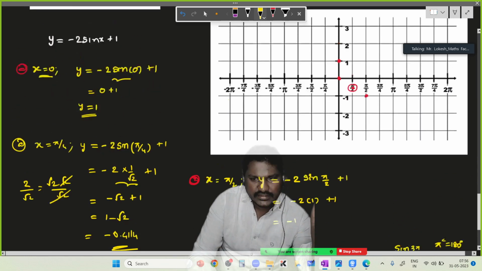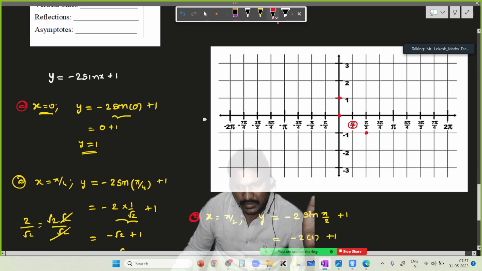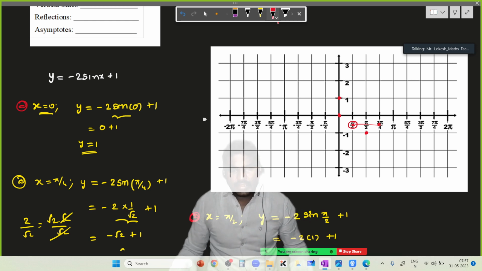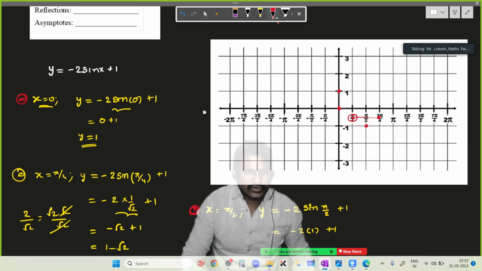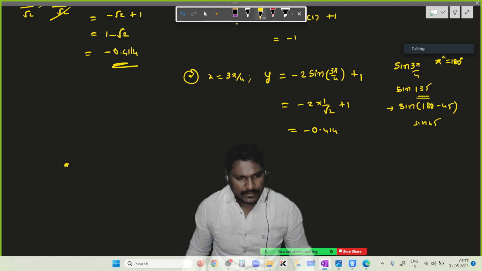So again, at 3 by 4, the value will come here somewhere very parallel to this point. And at pi, directly we will substitute the value of pi. At x is equal to pi, y is equal to minus 2 sine x plus 1.